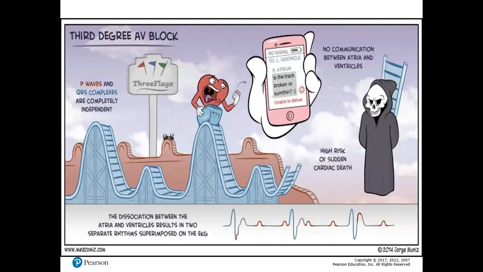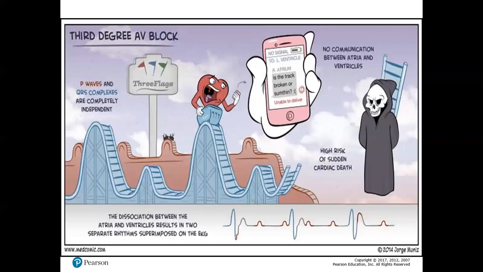Okay, and here's a good illustration of that third degree block. Here our P waves and QRS complexes are completely independent of each other. And of course, we know that if someone gets into a third degree block, a pacemaker needs to be put on immediately if not treated.